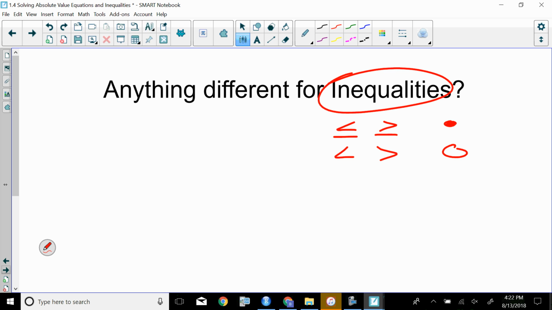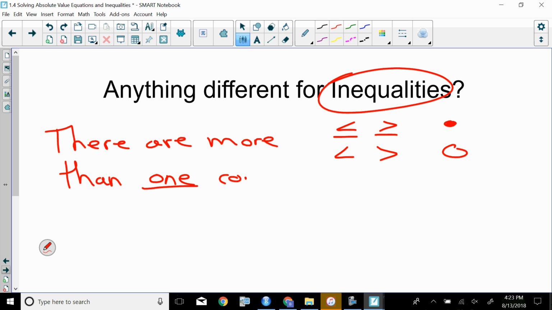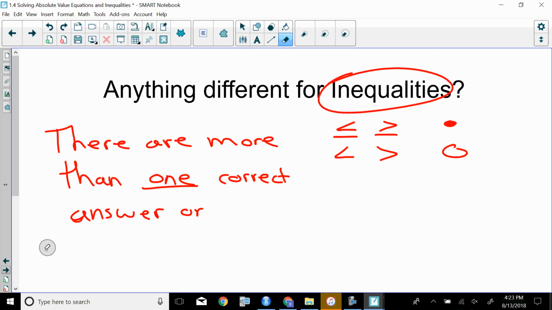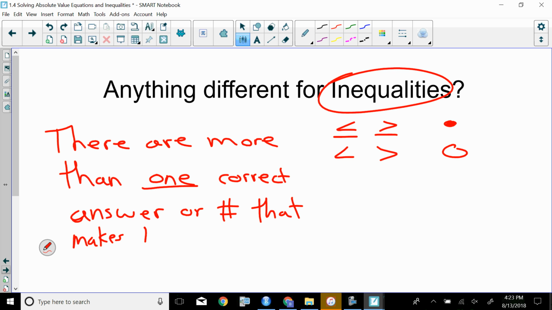And the big thing here with inequalities is there are more than one correct answer or number that makes the inequality true.